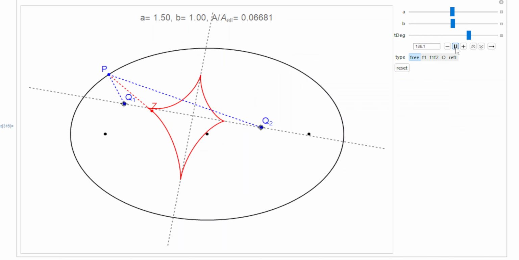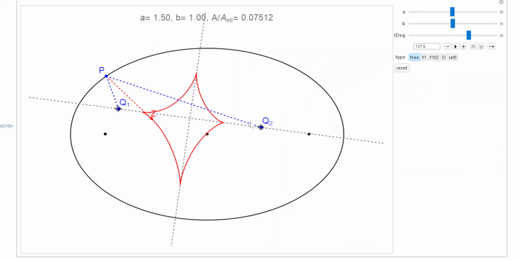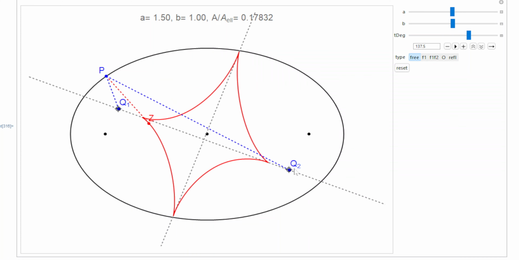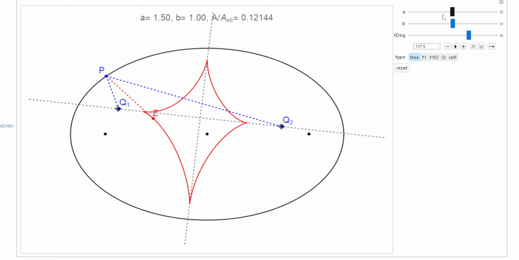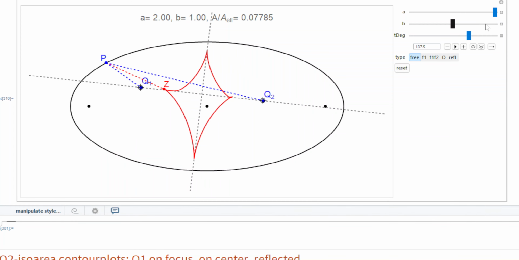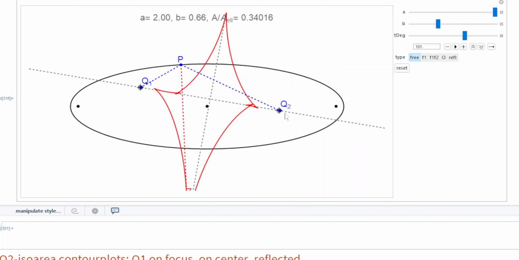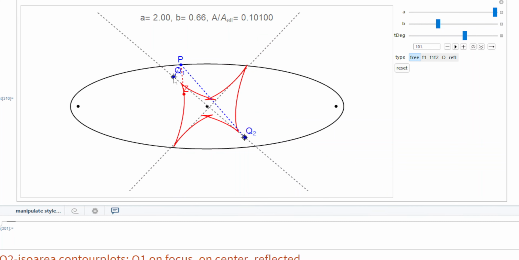All right. Now, of course, as I move Q1 around or Q2 around, these 2 points are free. I get different envelopes. One thing that I was not aware of in the previous video is that if my ellipse has a very, let's say, eccentric or elongated kind of appearance, this envelope can start to exhibit additional self-intersections, as you see here.